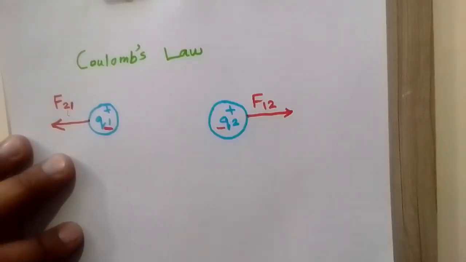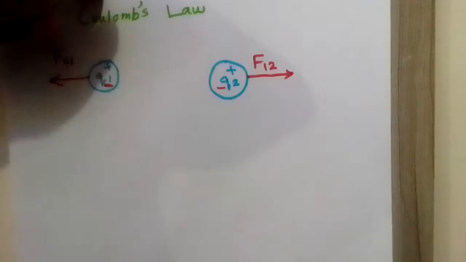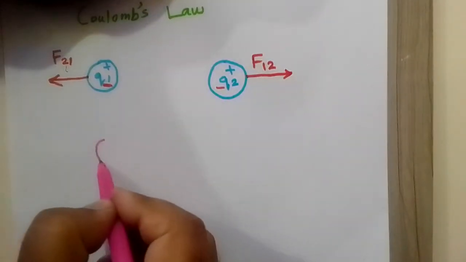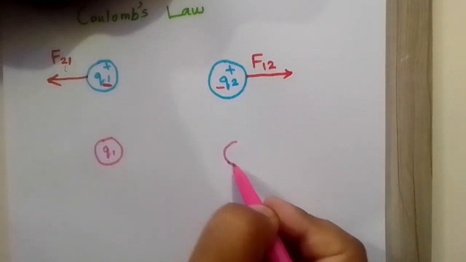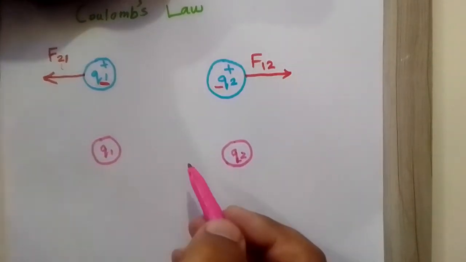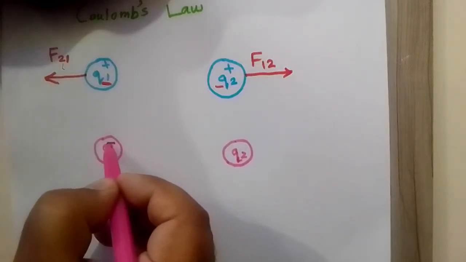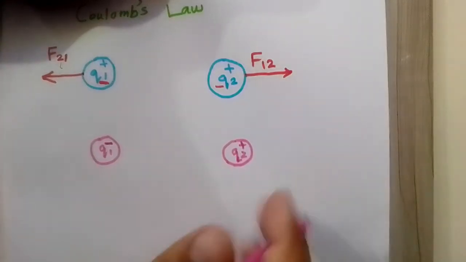So let us see another example. Let's say we have a charge q1 and charge q2. In this case, the charge q1 is negative and the charge q2 is positive.